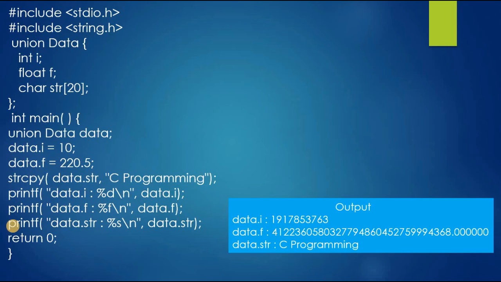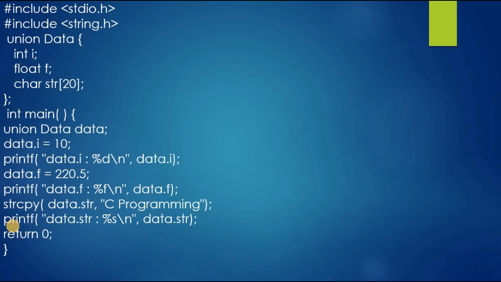Now we will see one more program, the same program. In this program, once again we will use one variable at a time, which is the main purpose of unions. Here we gave the same example where we used one variable at a time.